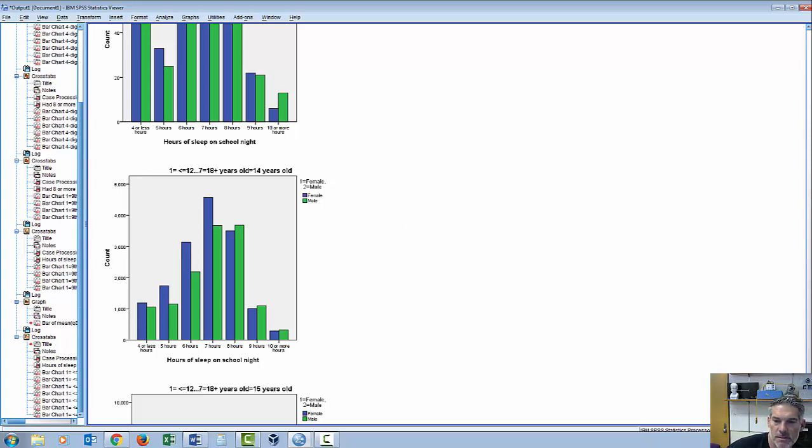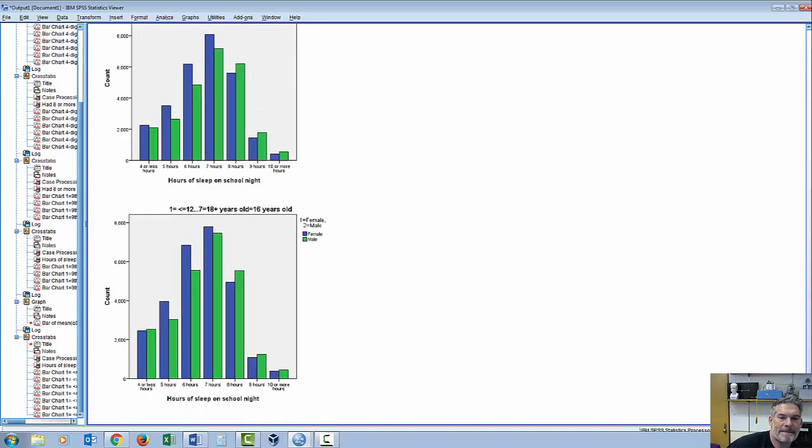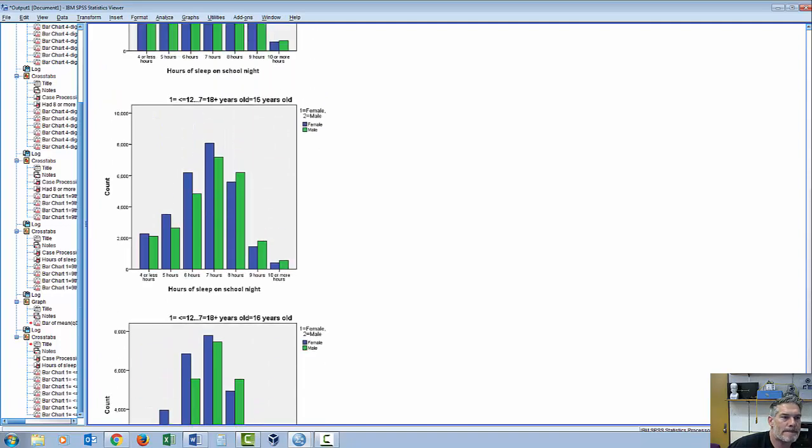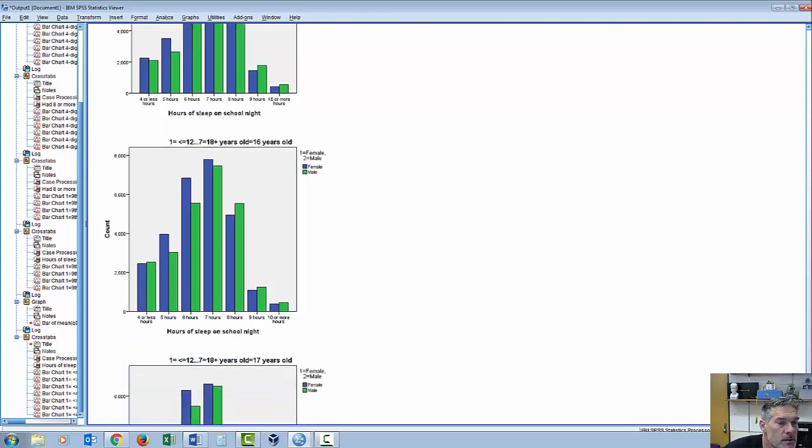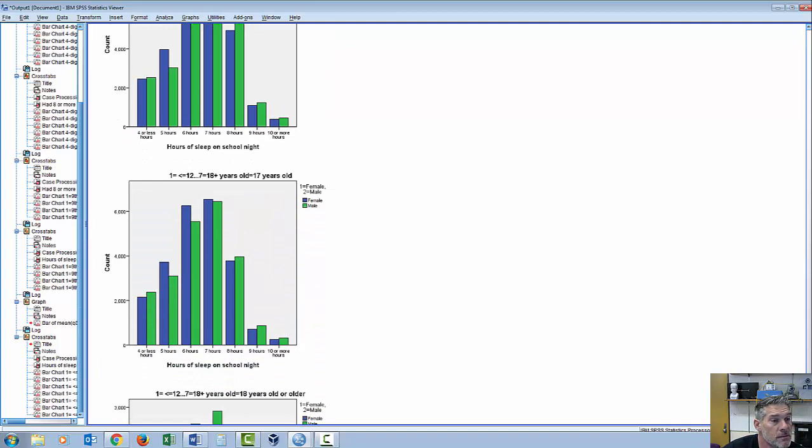So let's look at 15-year-olds, see what happens. It's still the trend, but closer. Yeah. And then 16-year-olds. Same. And 17-year-olds, uh-oh. What's happening? Look at the 7 hours. You see how the males are equal now?